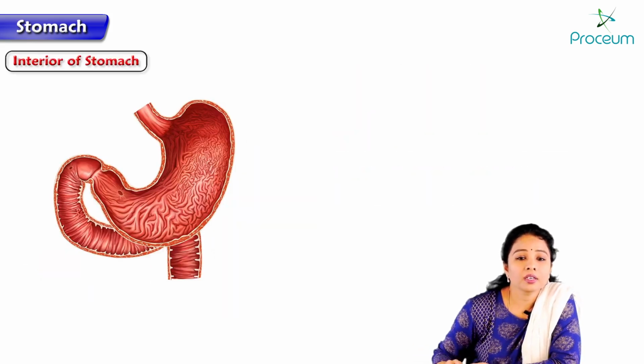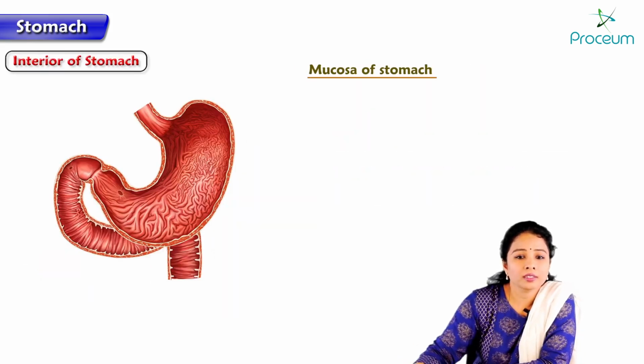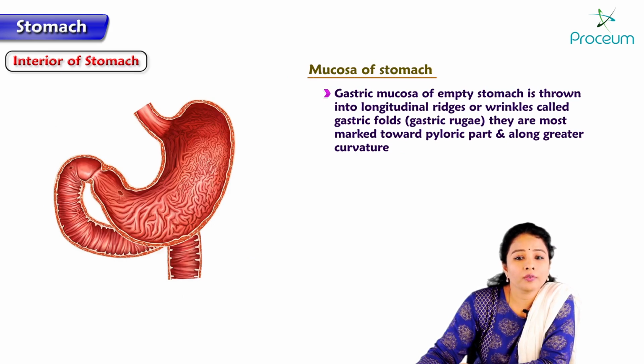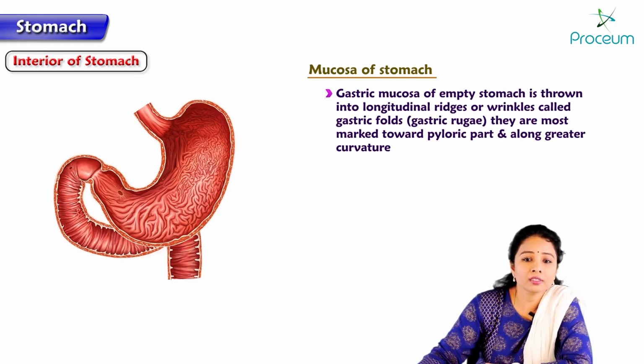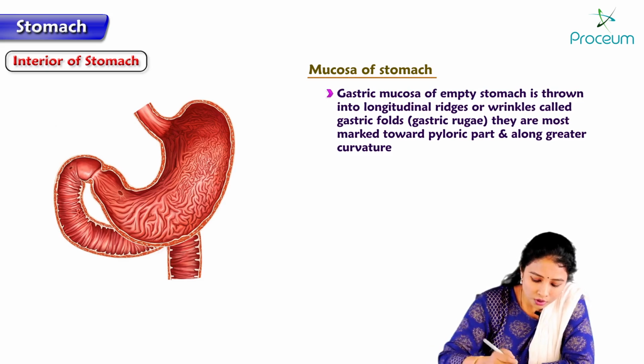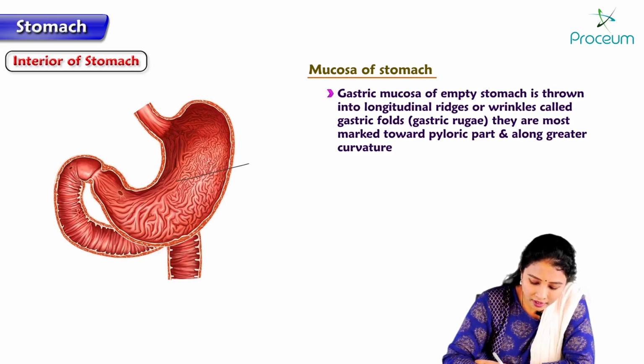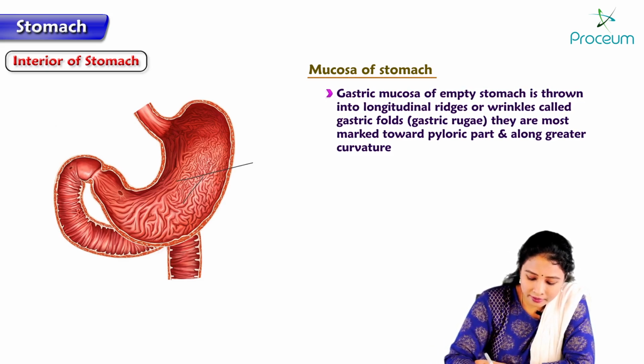Interior of the stomach. The mucosa of the stomach, that is the gastric mucosa of an empty stomach, is thrown into longitudinal ridges or wrinkles called gastric folds. So you can see several gastric folds interiorly.